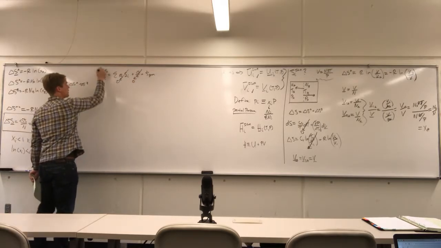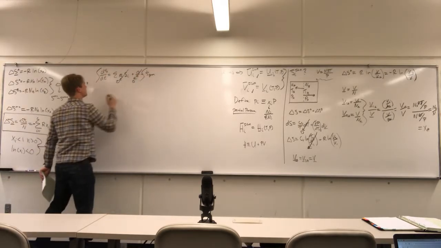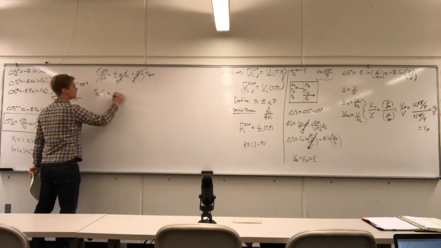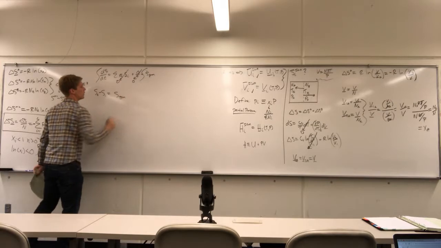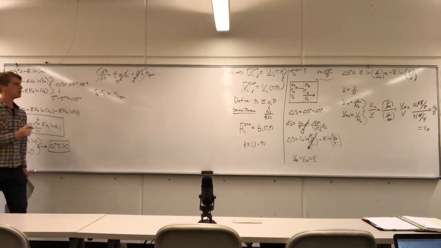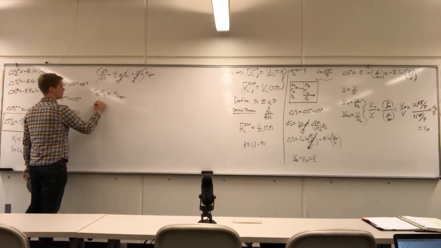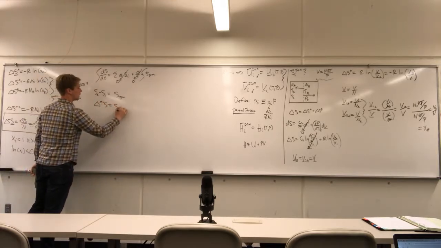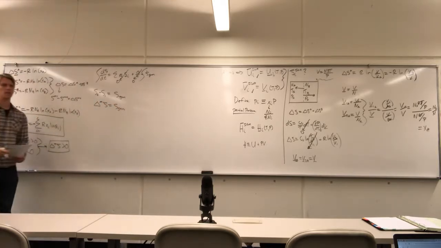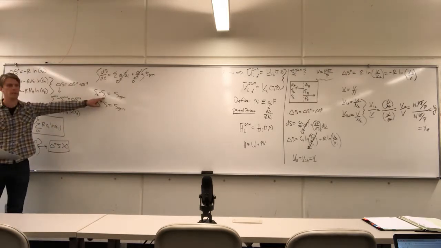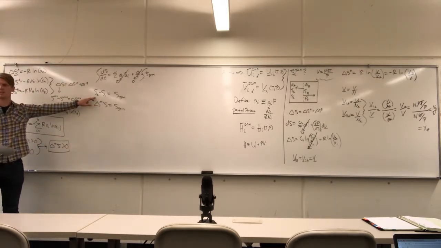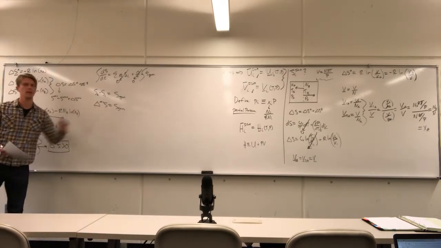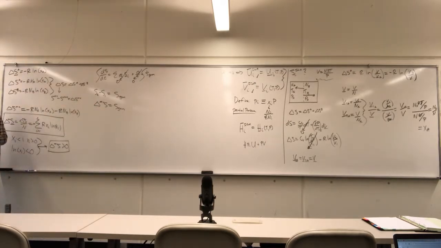Our dS/dt, if we integrate these expressions, gives us S2 minus S1 is equal to the total amount of entropy generated. This is going to be equal to the mixing process. We're going to start off in an unmixed state, and we're going to go to a mixed state. So that means that the entropy change is directly the entropy generated.